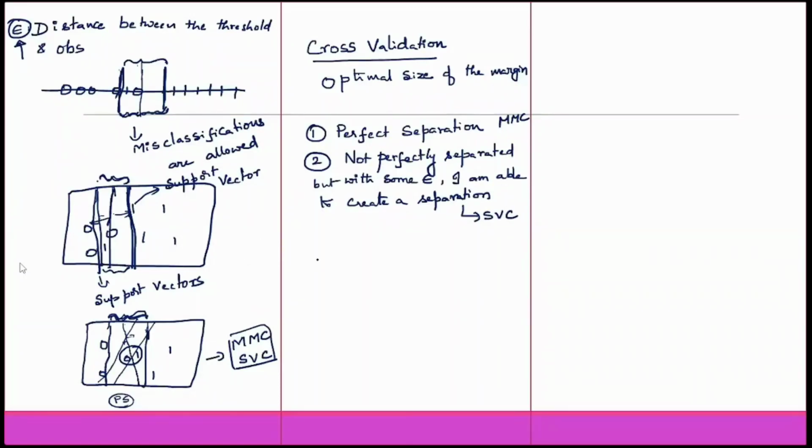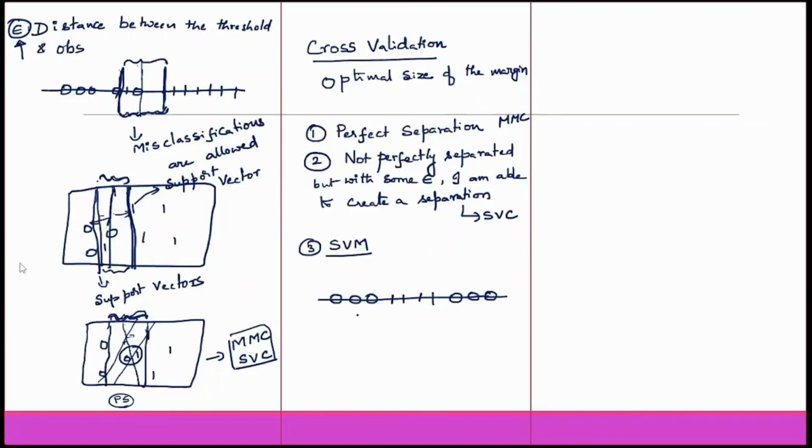Now, there could be some kind of problem. The third one I'm going to talk about is the support vector machine. Let's take a data set again, a classic example that people give. Let's say I have data more like this, my zeros and ones are like this.